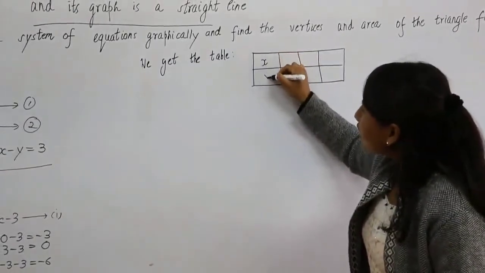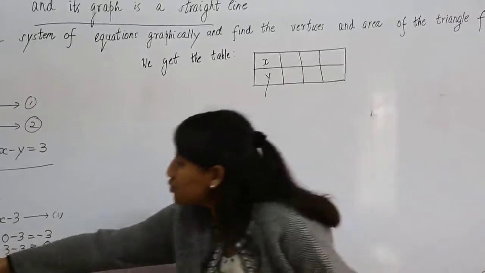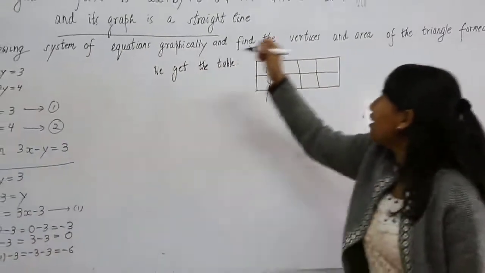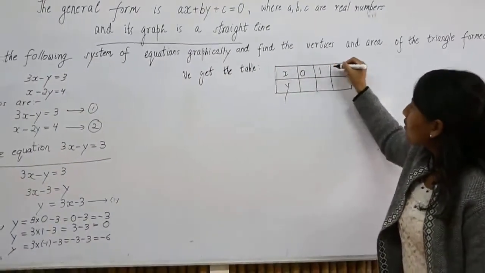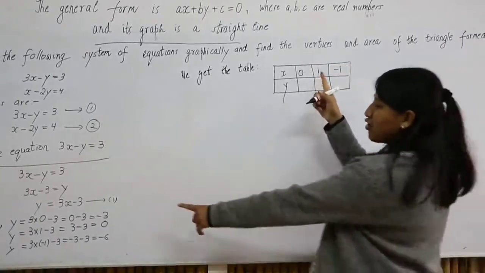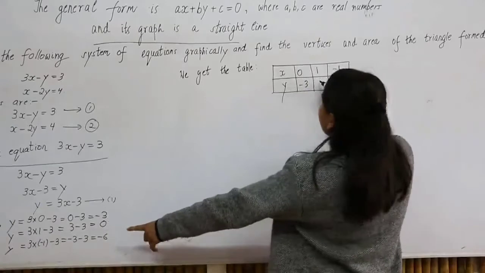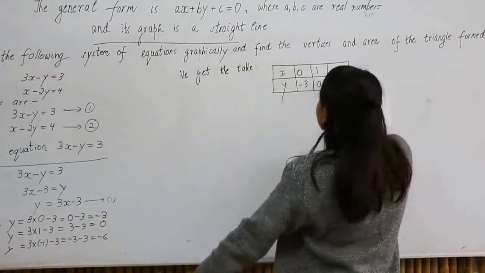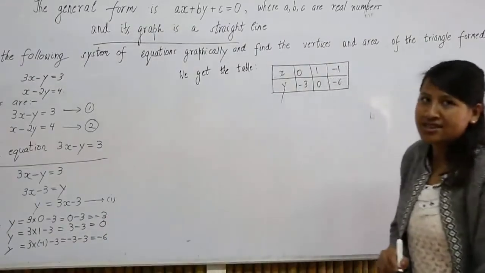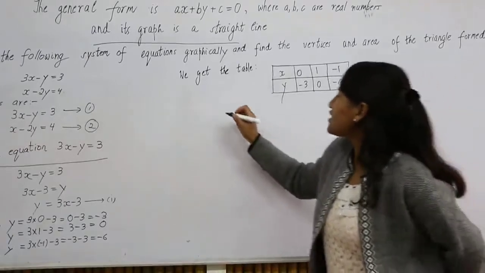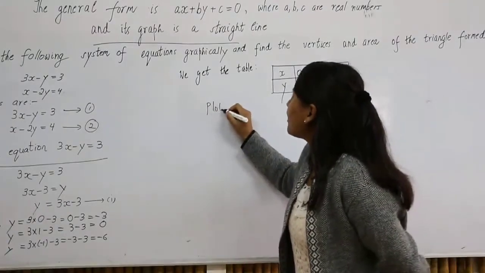You write x and then y. For x, you write 0, 1, minus 1, and then accordingly, 0 gives minus 3, 1 gives 0, and minus 1 gives minus 6. And what you do next is plotting.